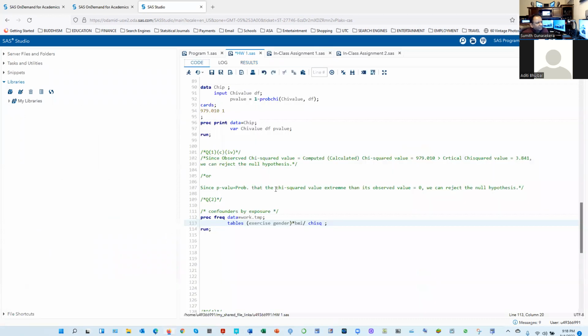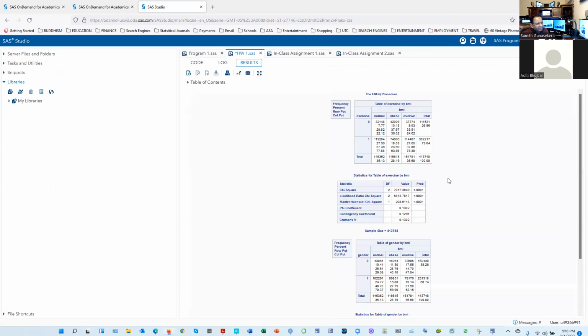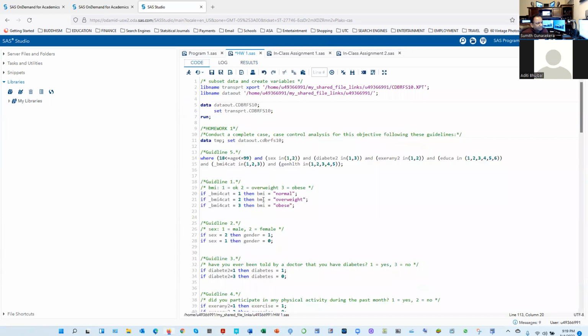Then what do we call it? Yeah, no. The 2 is overweight. The third one is obese. Why do we have the same problem? Number 2, 3, a mix up or what?